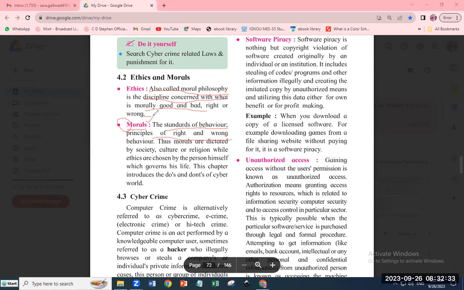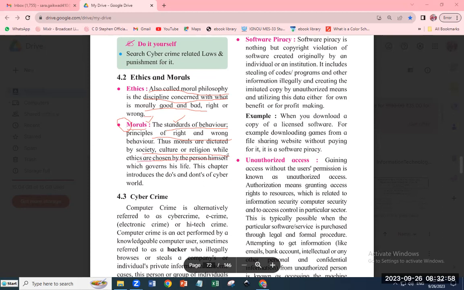For a few people, being non-veg is wrong, but for a few people, being non-veg is right. According to society, caste, traditions, culture, religion, these standards are enforced. Those are morals for that particular society.